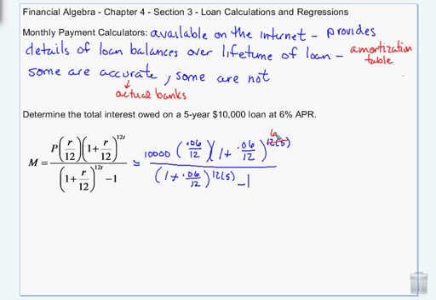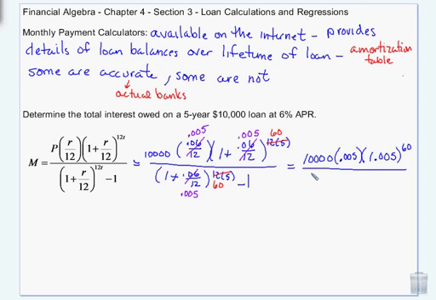12 times 5 is 60. .06 divided by 12 is 0.005. So this becomes 10,000 times 0.005 times 1.005 to the 60, over 1.005 to the 60 minus 1.